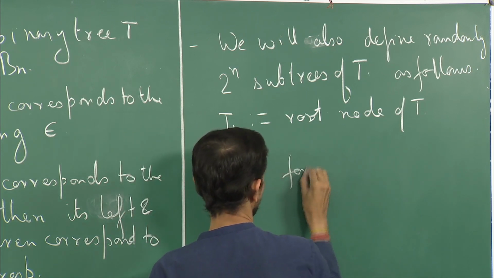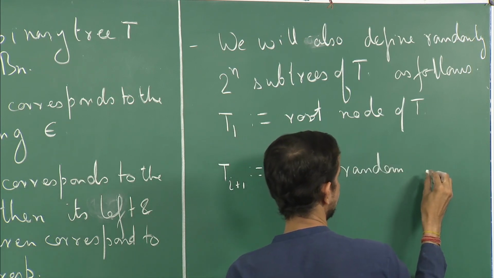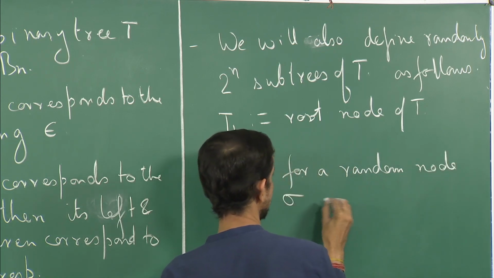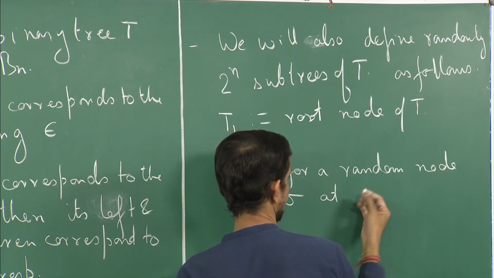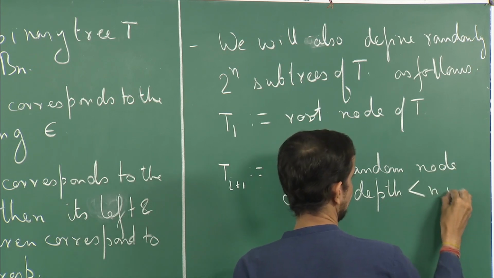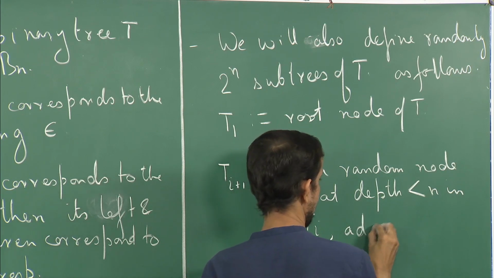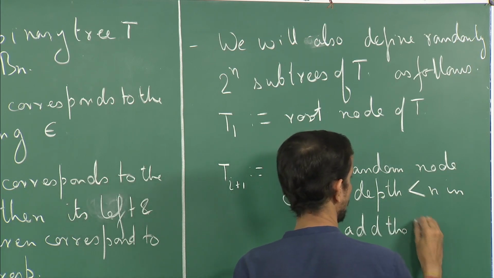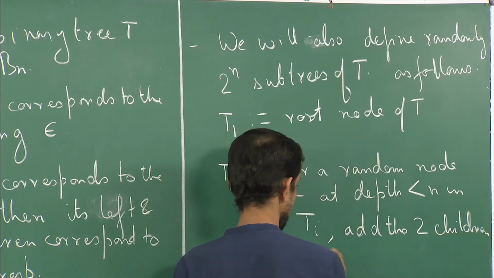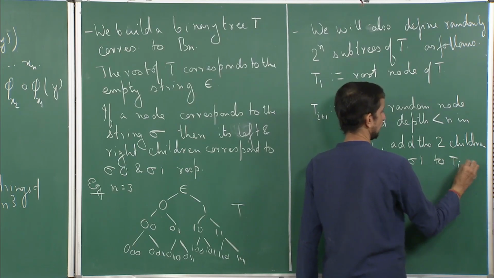So for a random node sigma at depth less than n in Ti, add the two children sigma 0 and sigma 1 to Ti.